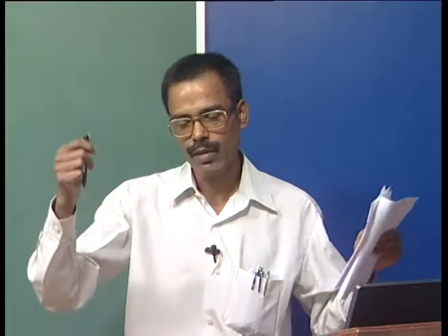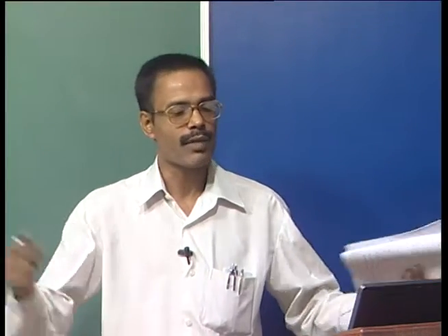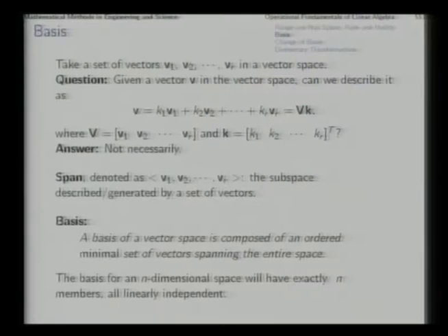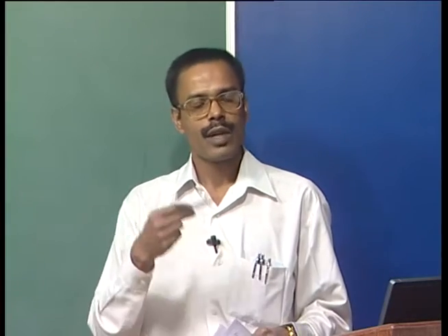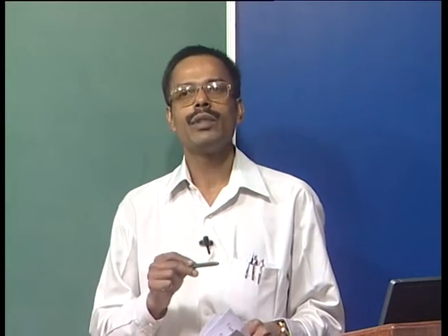That subspace will have lesser dimension than the entire vector space, and sometimes we denote that subspace as the span of these vectors. We say that the subspace described or generated by these vectors is called the span of these vectors, denoted by these angle brackets. In other words, we say that these vectors span this particular subspace. So span is used either as a verb or as a noun.